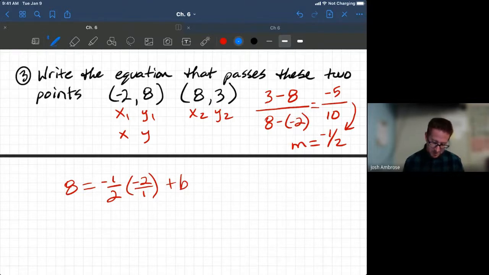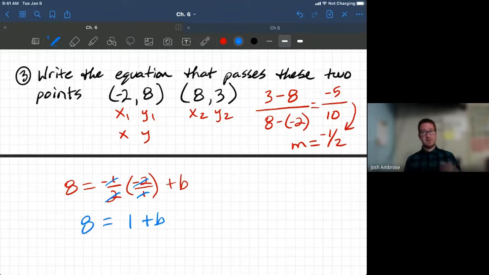All right, so this is kind of nice because a -1/2 times a -2, everything basically crosses itself out, and you're actually just left with 1. They were both negatives. They're actually reciprocals of each other, so you're just left with 1. So in this case, that means that b equals 7.